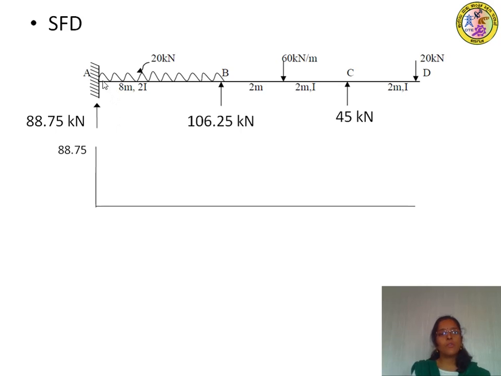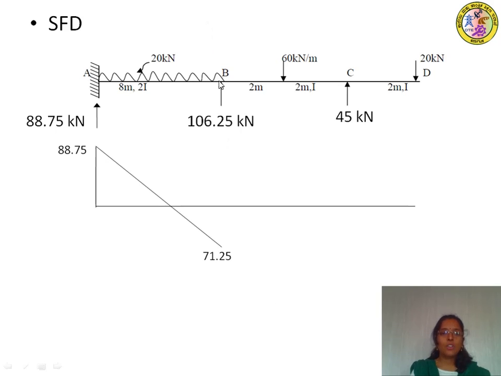Next, shear force from right of A to the left of B, we have a UDL. So therefore, this intensity into load has to be deducted from this one. So 88.75 minus 20 into 8 will be equal to minus 71.25. So mark this ordinate as minus 71.25 and join these 2 points with a linearly varying straight line.